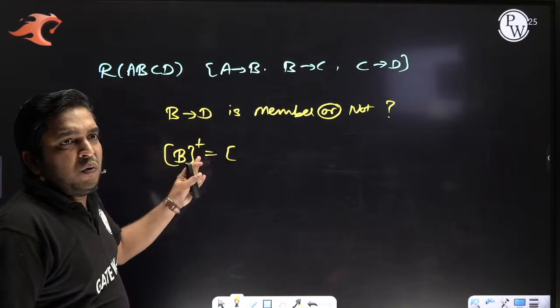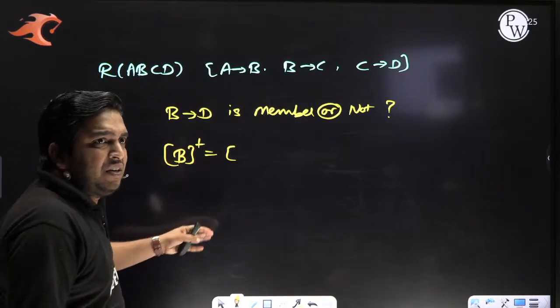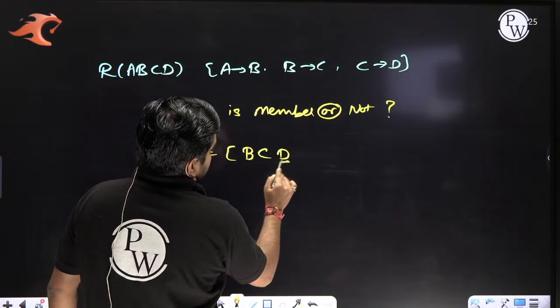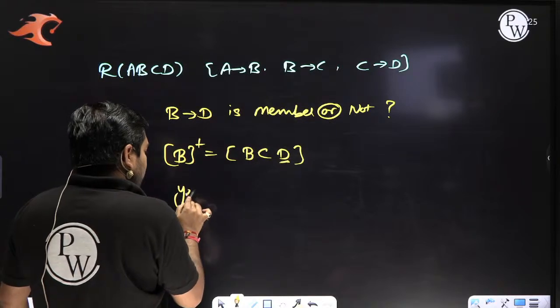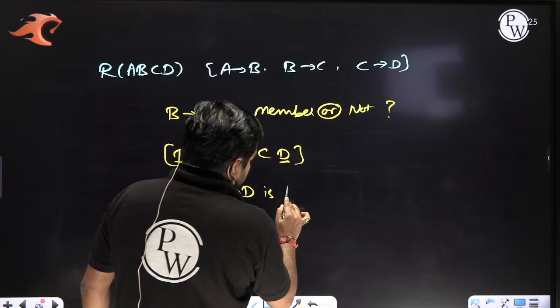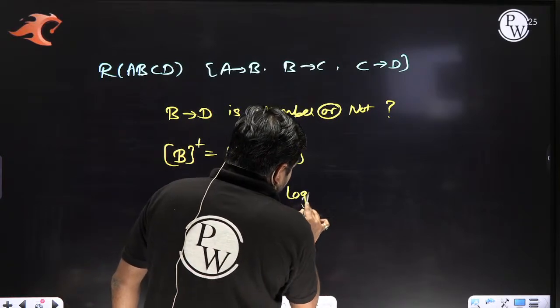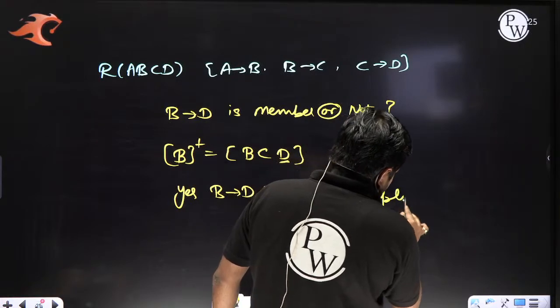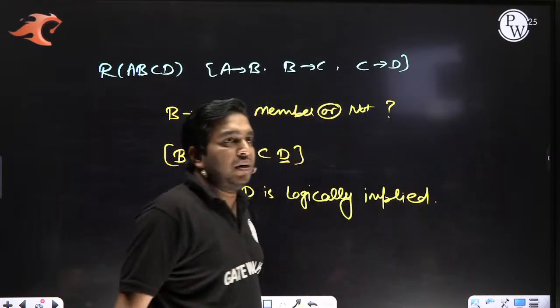When we take the closure, my dear student, if you are getting D, then yes, it is a member logically. Please try to understand what I am saying.